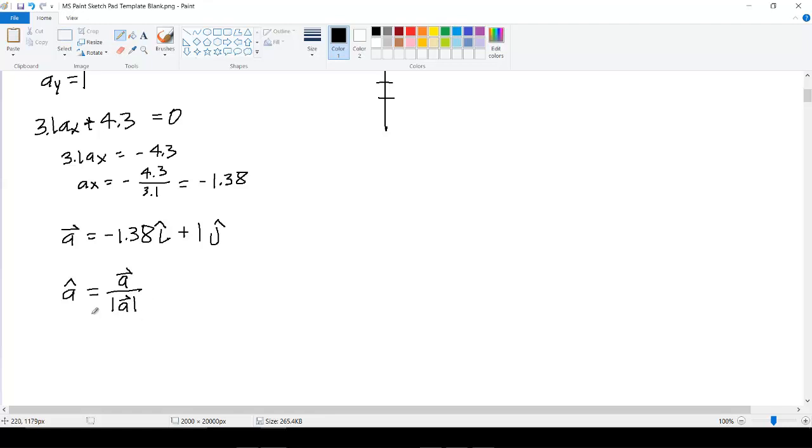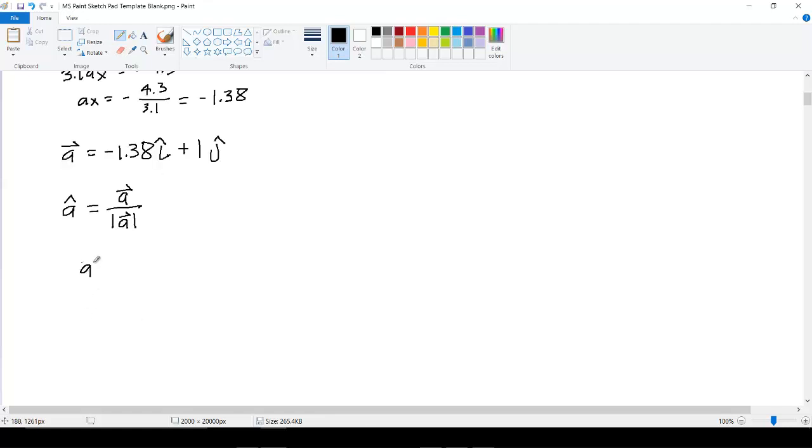Let me start by calculating that magnitude. It might look a little complicated, but it's really not. All you have to do is the square root of the components squared. So minus 1.38 squared plus 1 squared.